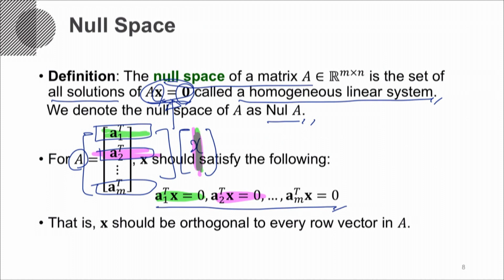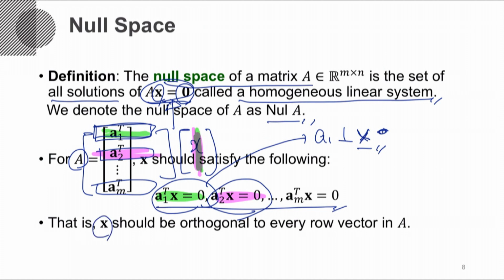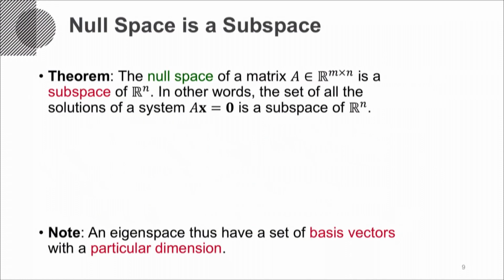It means the first row vector a1 should be orthogonal to our solution vector x, and a2 should also be orthogonal to x, which means that our solution x should be orthogonal to all the row vectors in our matrix A. This is the condition that the vectors contained in our null space have to satisfy.